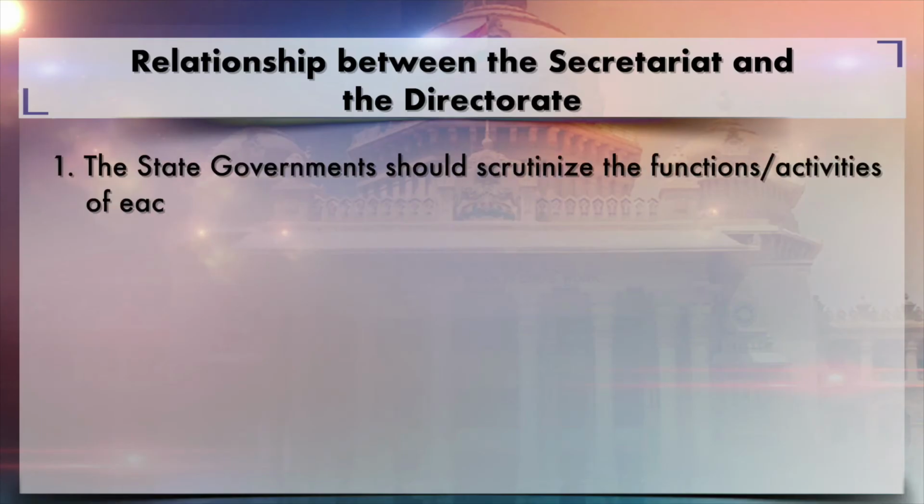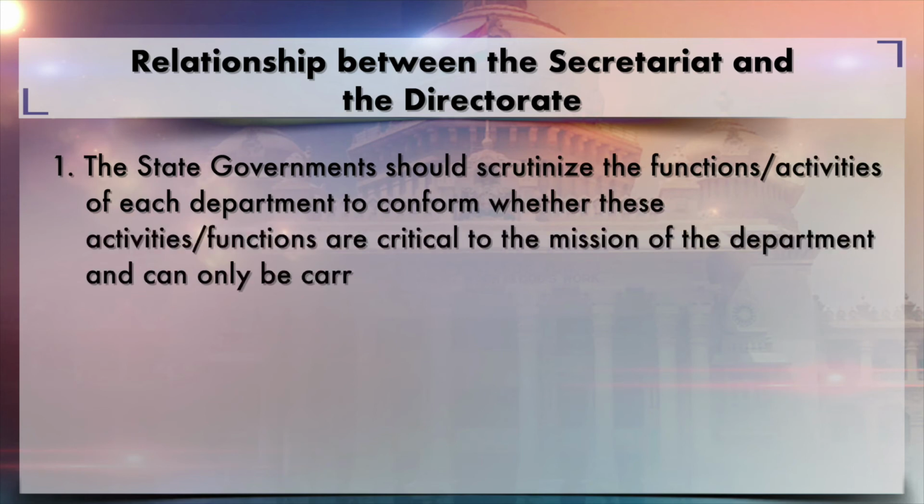Number 1, the state governments should scrutinize the functions or activities of each department to confirm whether these activities or functions are critical to the mission of the department and can only be carried out by the governmental agency.